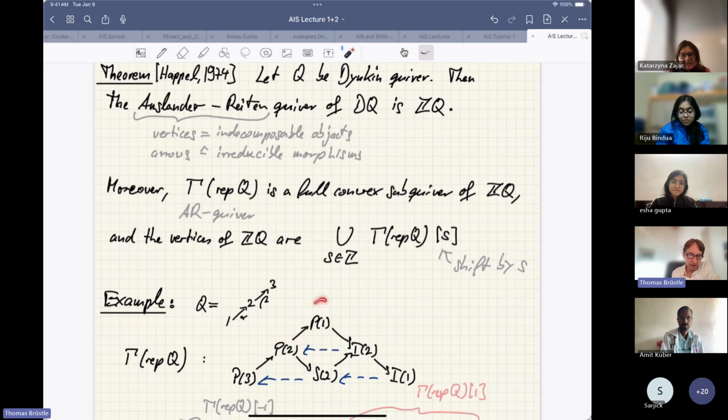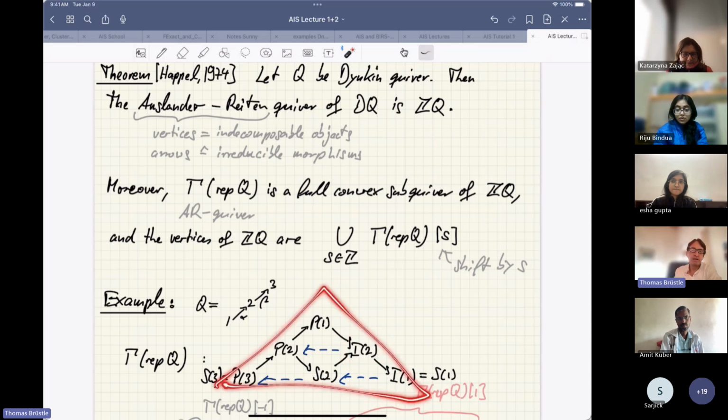We start the Auslander-Reiten quiver with the projectives on the left. And then there are some more indecomposables. The simple representation S2; I1 is injective, but this is also equal to the simple representation S1, and P3 is the simple representation S3. And then there's only one more representation, this one here. So this completely describes the category of representations of A3. This is the Auslander-Reiten quiver of the category.